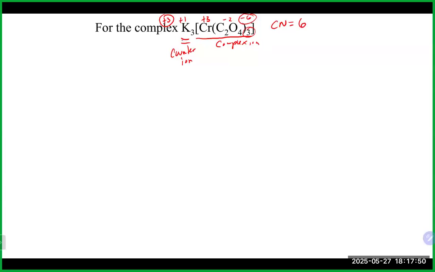So here we're going to start with the counter ion. That is potassium. It doesn't matter how many you have, it's just potassium. Now we're going to go here. We got 3 of the oxalates. So that's a little trioxalato. Sounds good. And we're going to go with a little bit of chromate, Roman numeral 3 in this case.